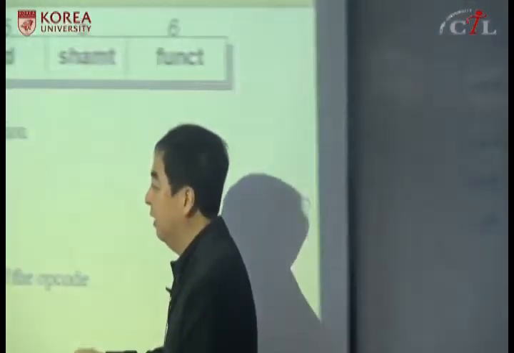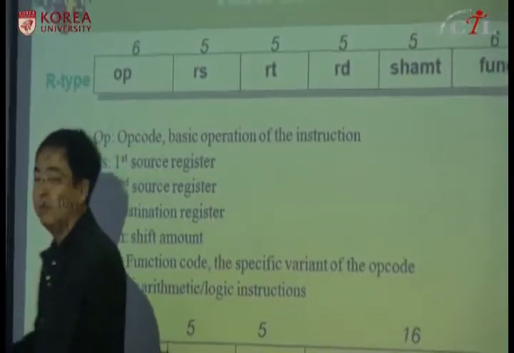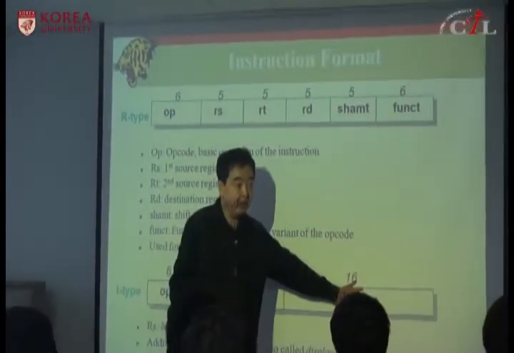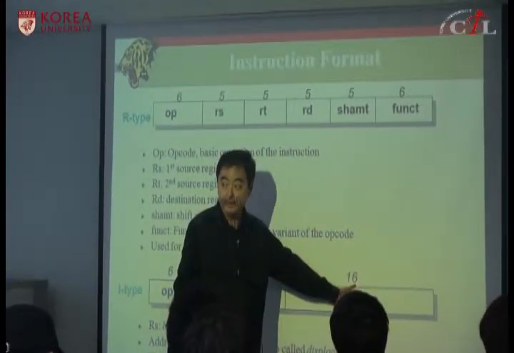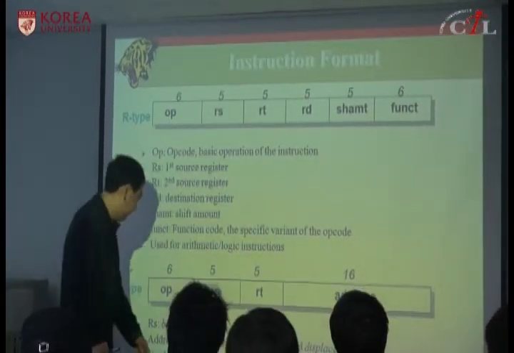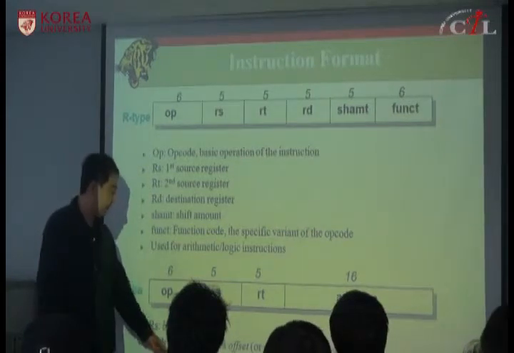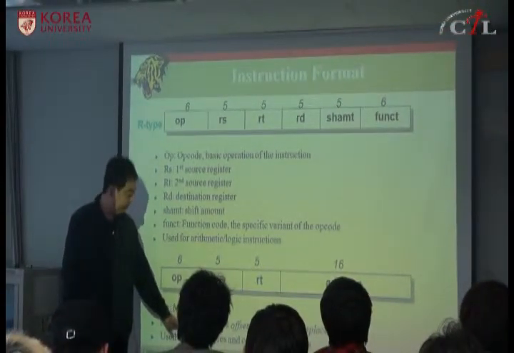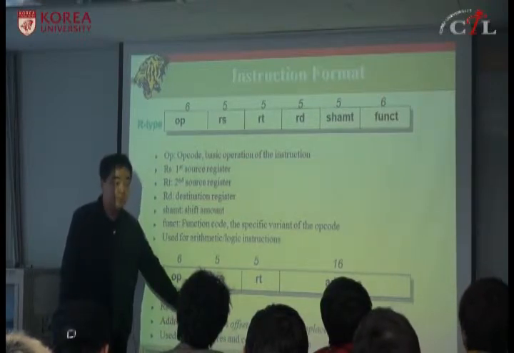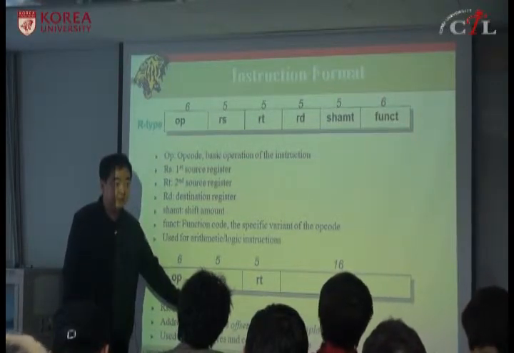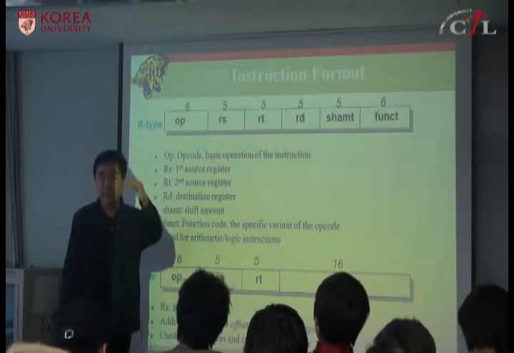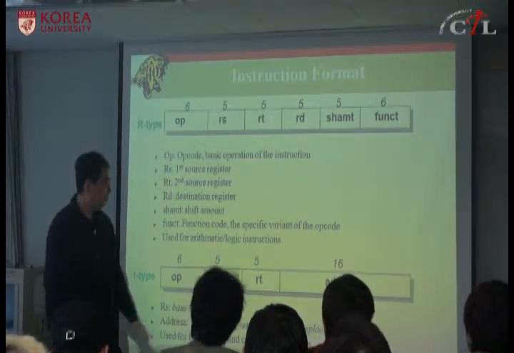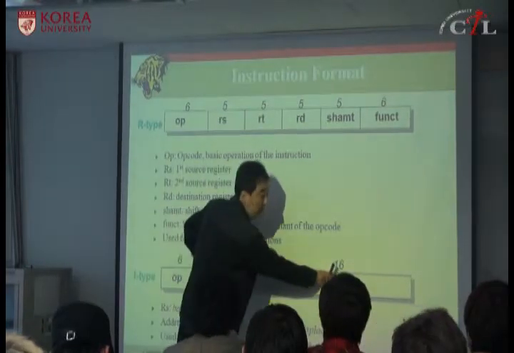So the first register field becomes the base register, and this becomes the displacement or offset. Okay? This address is usually specified by a 2's complement number. So you can specify plus or minus 2 to the power of 15, right? So from the start base, you can go back or go forward. Okay? So this becomes the memory operand.